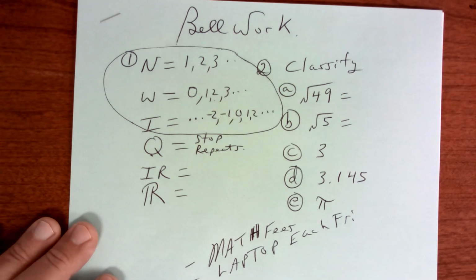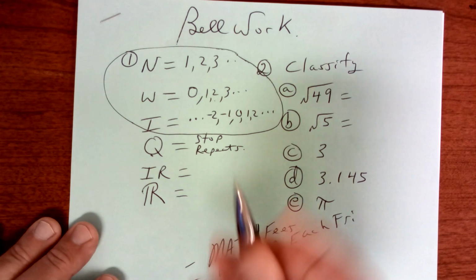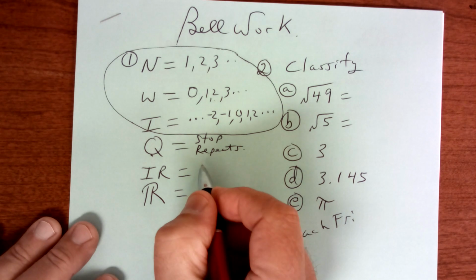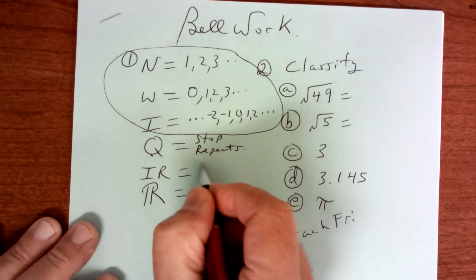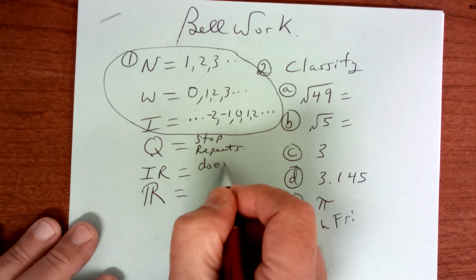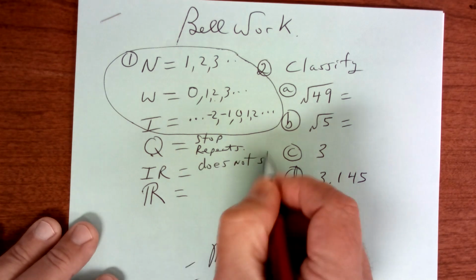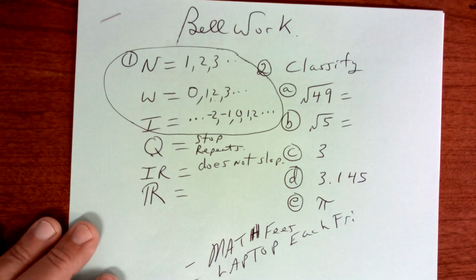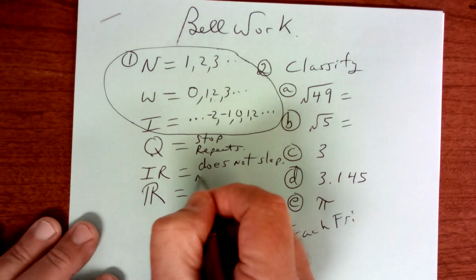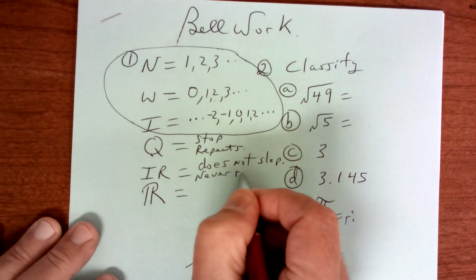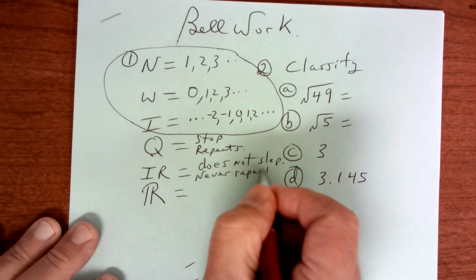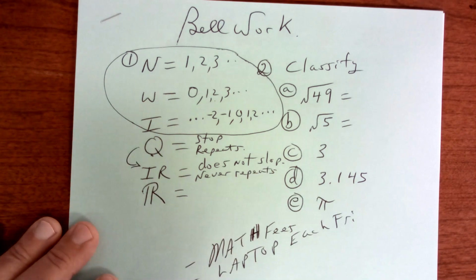An irrational number goes on forever, does not stop, and it never repeats. It's the opposite of that one.